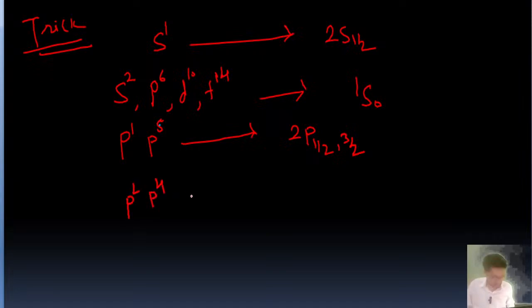For p2 and p4, the terms are 1S0, 1D2, and 3P with J values 0, 1, 2.